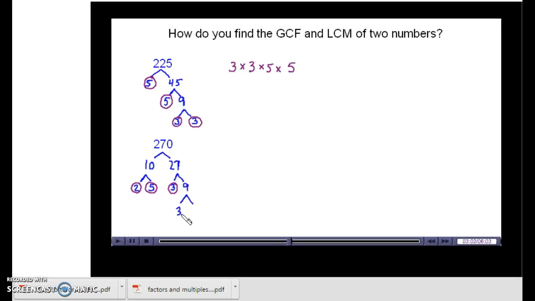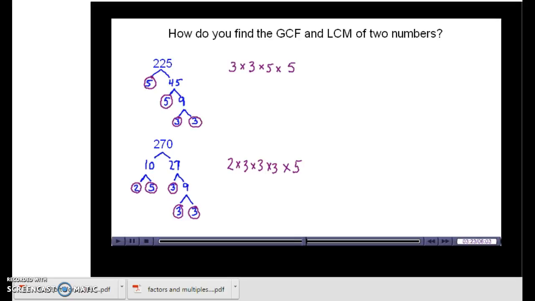And 9 is 3 times 3. So the prime factorization of 270 is 2 times 3 times 3 times 3 times 5. So now I've found the prime factorization of each number.